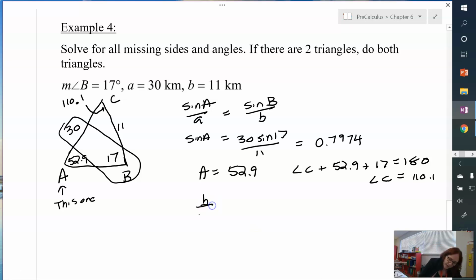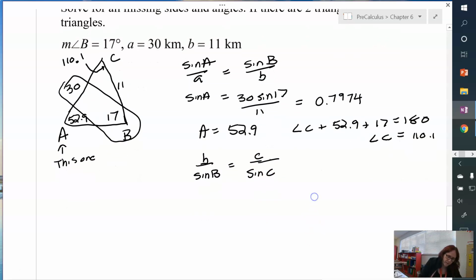So b over sine B equals little c over sine of C. Plug in 30 over sine 17 equals little c over sine of 110.1.